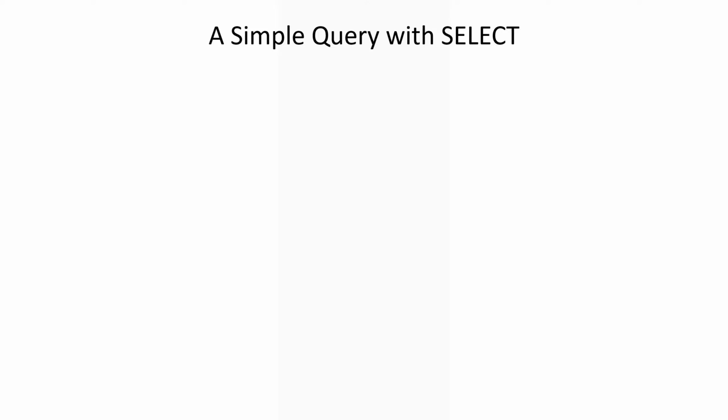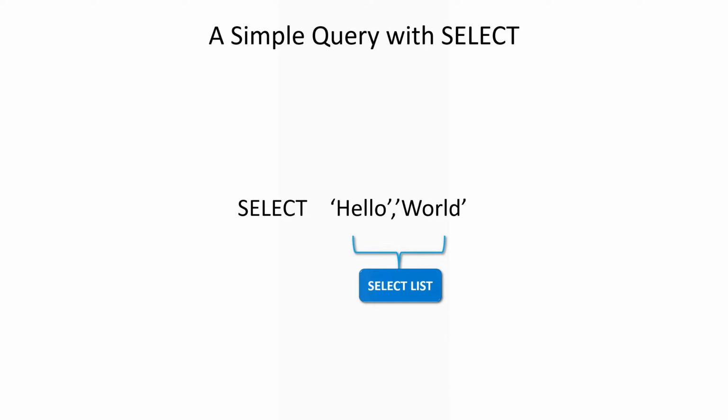So let's start with a simple query. The simplest query is going to have the select keyword and then a select list. In this case, the select list is the string hello and the string world.